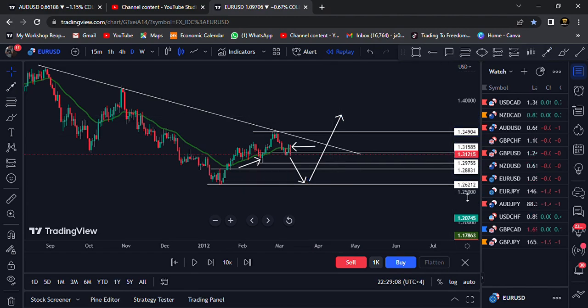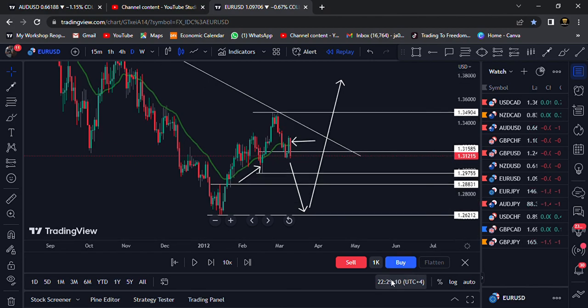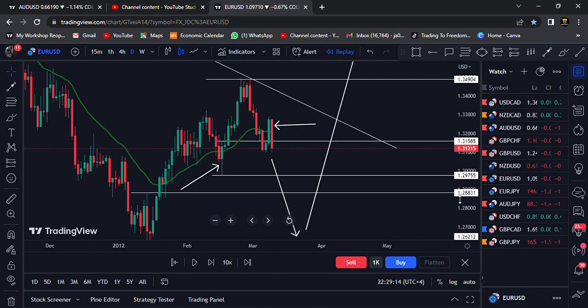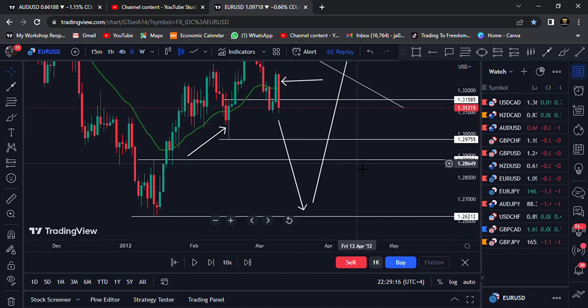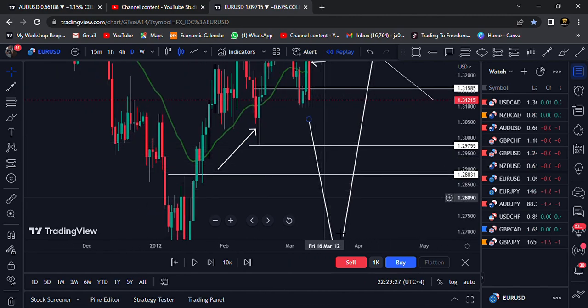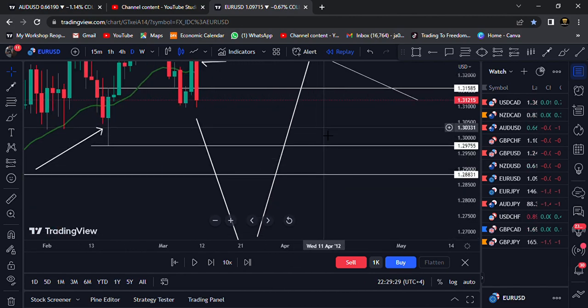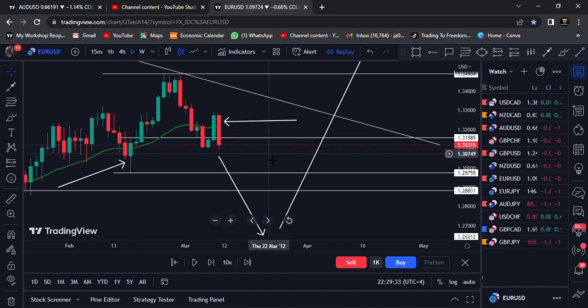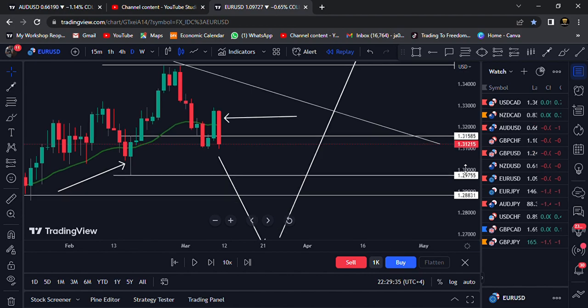That is what the structure tells us. But before we reach there, we need to take our profit here, here, and here, then understand if the market is going to continue or not. So we go gradually, we don't just imagine, put our position and start hoping.